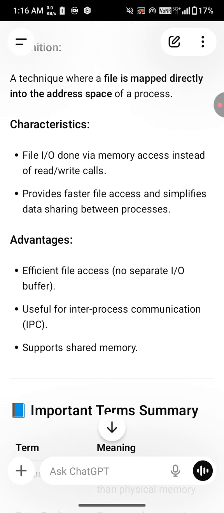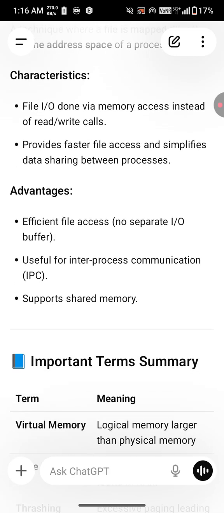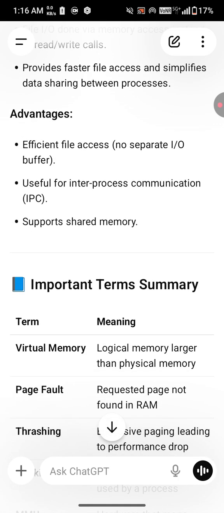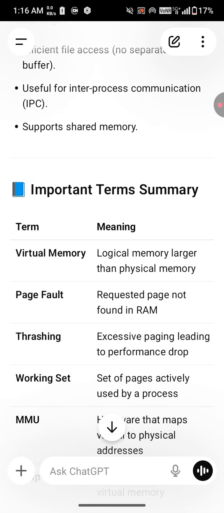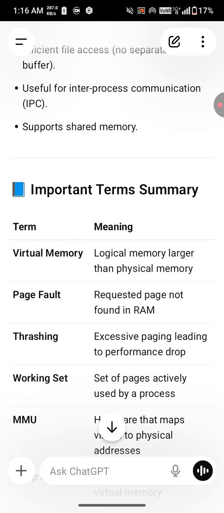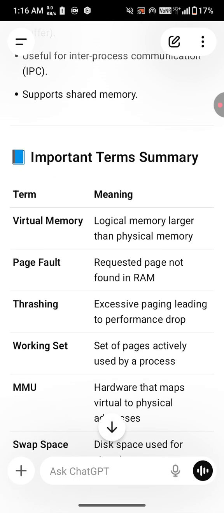It supports shared memory. Important terms summary: virtual memory, logical memory larger than physical memory. Page fault: requested page not found in RAM, then the page fault is handled.